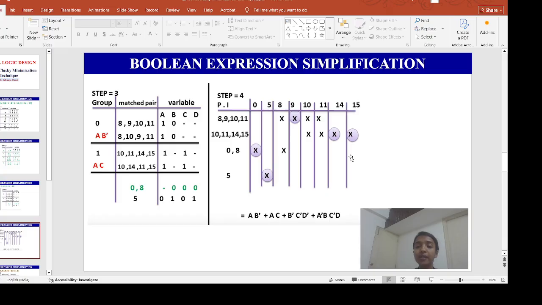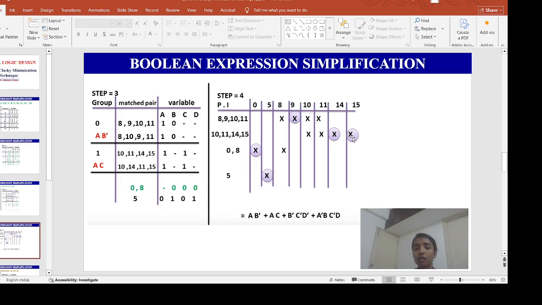Now we have to identify the columns where there is only a single cross. In this column we can find that only one cross is there. This is one cross, this is one cross, this is one cross, this is one cross. Now all these single crosses we have to circle. We have to put a circle on them.